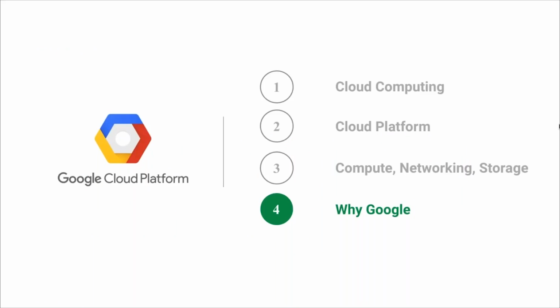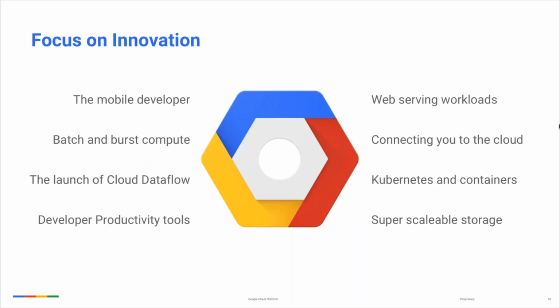So then the final question here is, why Google? In looking at Google, what I've learned is they're really focused on innovation. So they're focused on big data. They have a new product called Cloud Dataflow, which focuses on big data. They're focused on containers. So they have a product called Kubernetes, which is a container management system. They have developer tools, debugging, tracing, monitoring support.